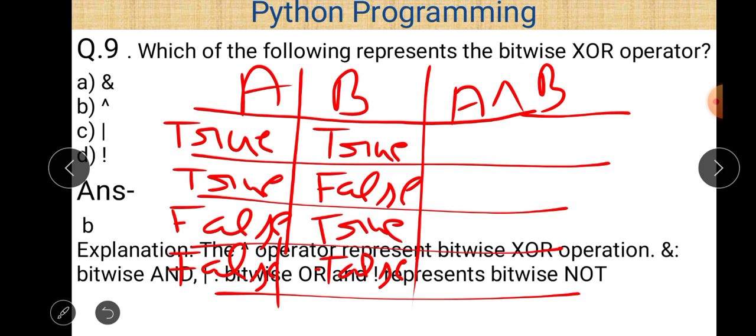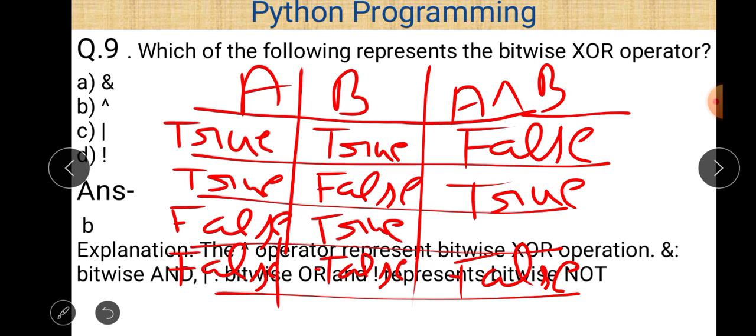When both values are the same, then in the case of XOR the output is false. And when values differ from each other, then the output should be true. That is the simplest table.